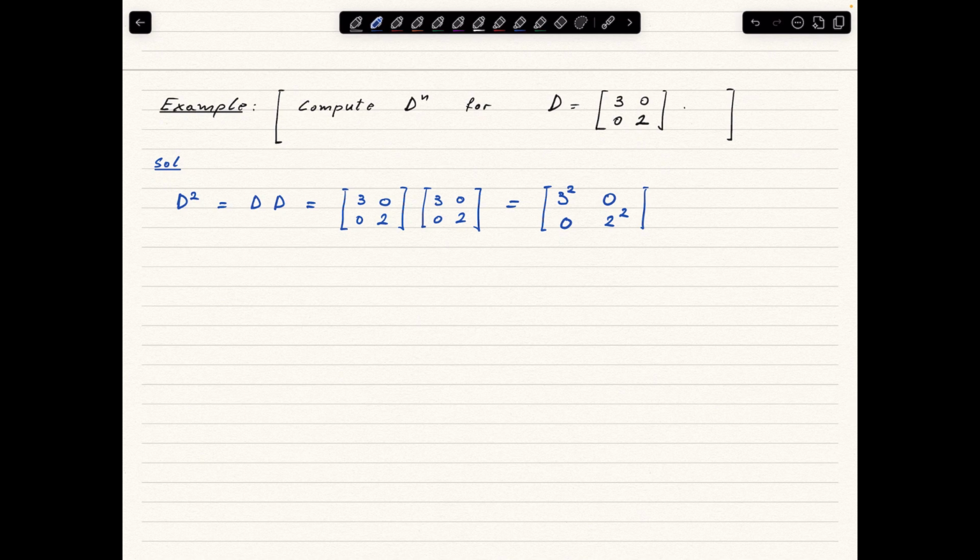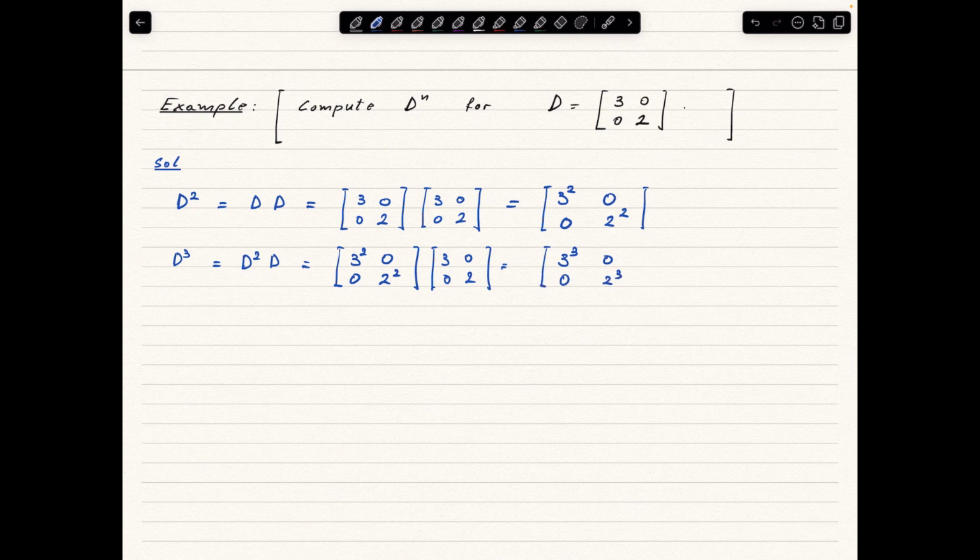And now if we go to power 3, D cubed, then this is going to be D squared times D. But we already have D squared, which is diagonal again: 3 squared, 0, 0, 2 squared, multiplied by 3, 0, 0, 2. And obviously the same calculation tells us this is 3 cubed, 0, 0, 2 cubed.